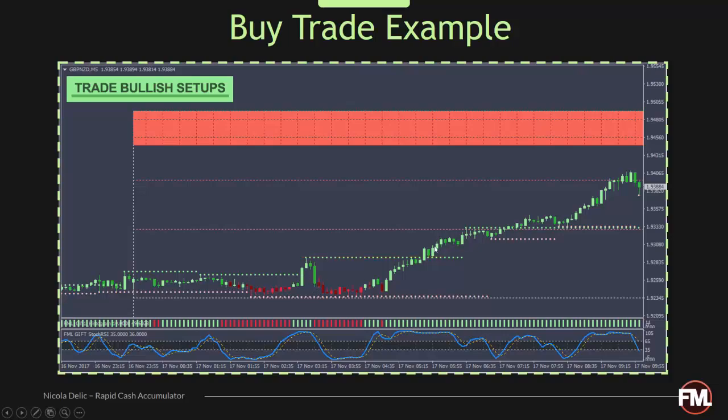So after you see that breakout, you want to see the green on the histogram, so a green bar on the histogram, and your stochastic RSI must be above 65. So we have that over here. For the stop loss, we are going to use this line, and for the take profit, we are going to use more or less 2 times that size. So 2 times the distance of the stop loss to entry point.